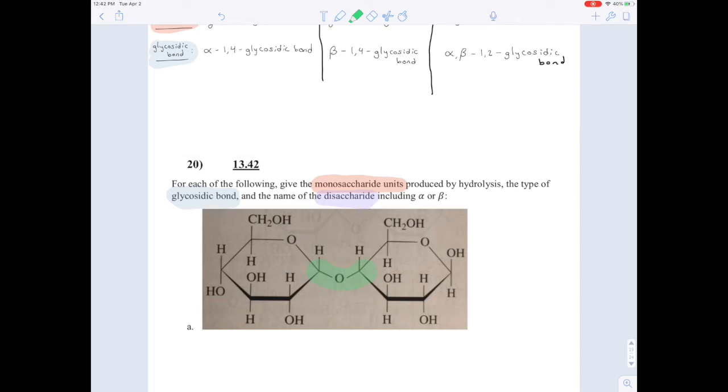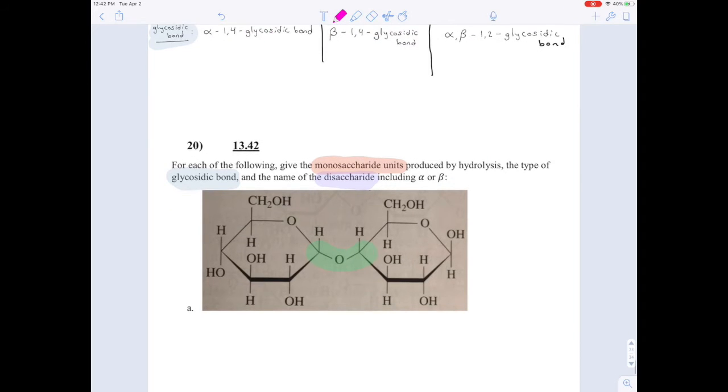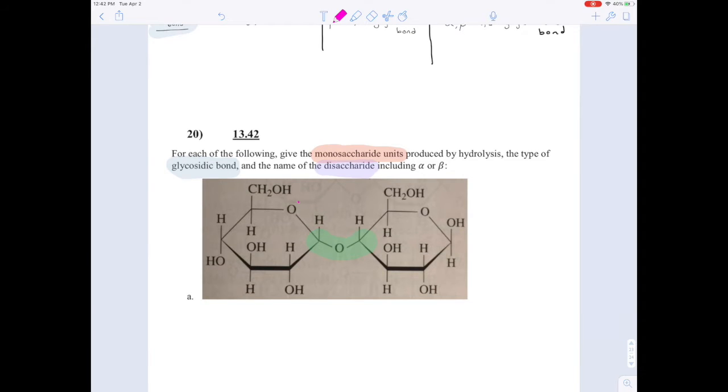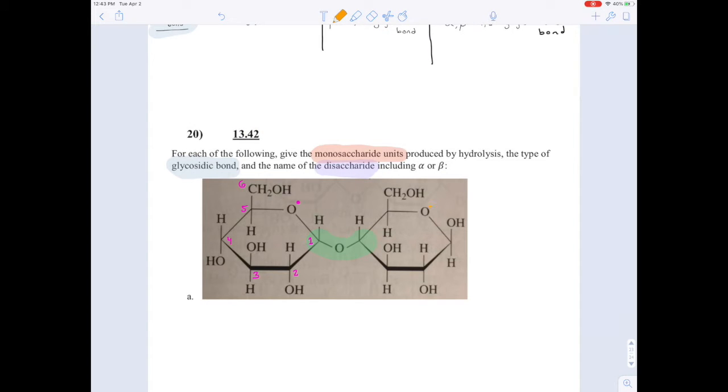One thing you'd want to do to help identify what type of glycosidic bond it is is number the rings. Orient yourself by the oxygen in the ring. Go immediately to the right of that. That carbon is carbon number 1. Then go clockwise and number it 2, 3, 4, 5, and 6. That's one ring. Next ring. Orient yourself by the oxygen in the ring, go immediately to the right of it.